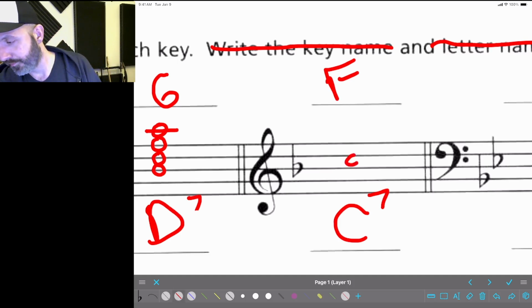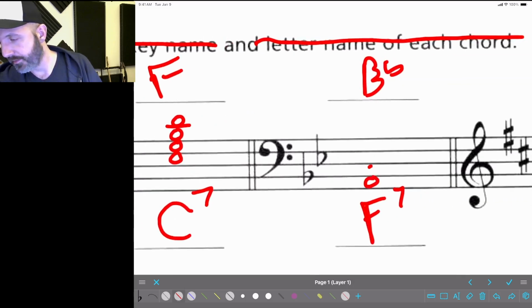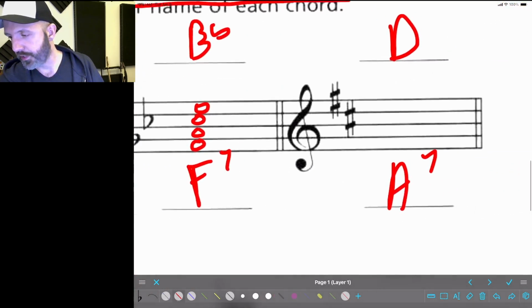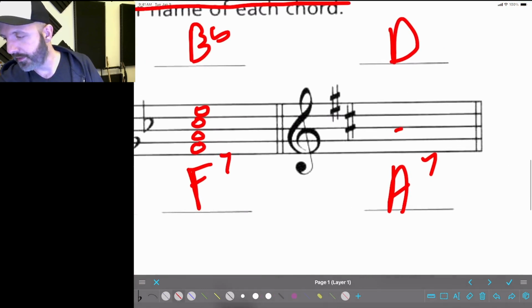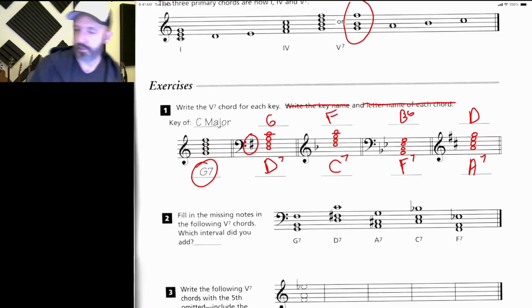Hopefully. Stacking the thirds. F7 is F7. Just double checking they didn't want you to omit the 5th. All right, so there's that guy.